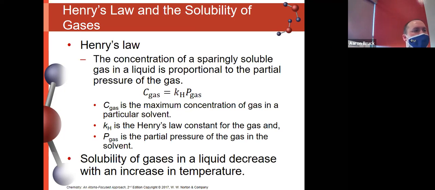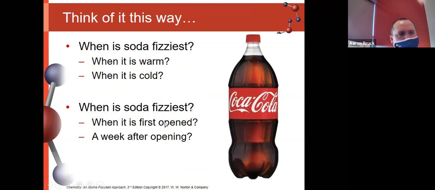So when it comes to gas solubility, we tend to think of two factors: cold solution and high pressure above the solution. And probably the easiest example that I can think of that manifests both of those concepts very well in one convenient package is this.